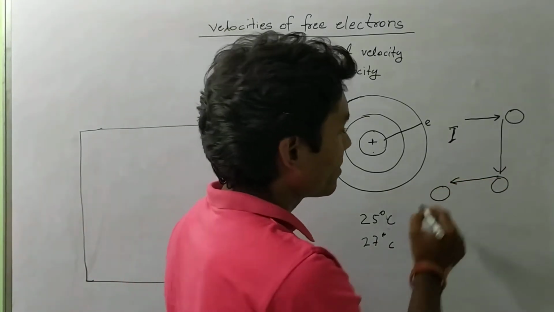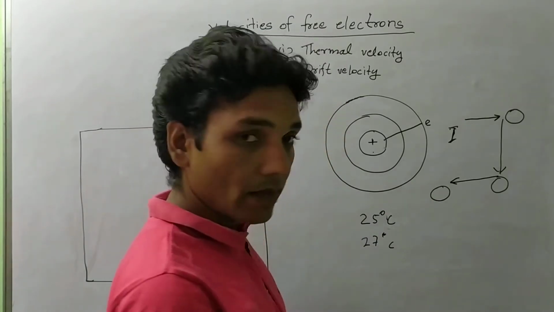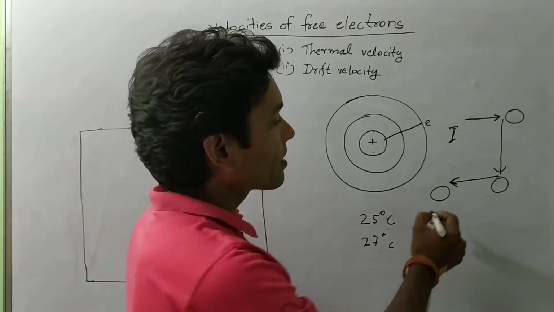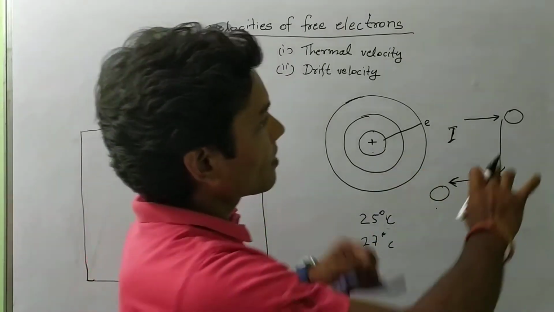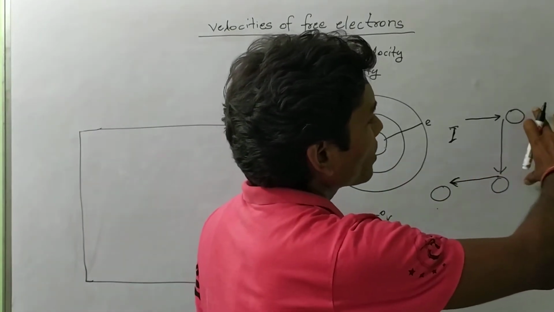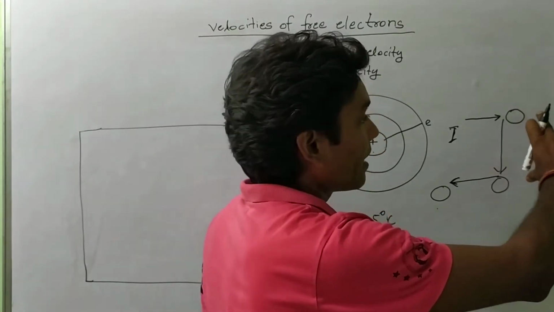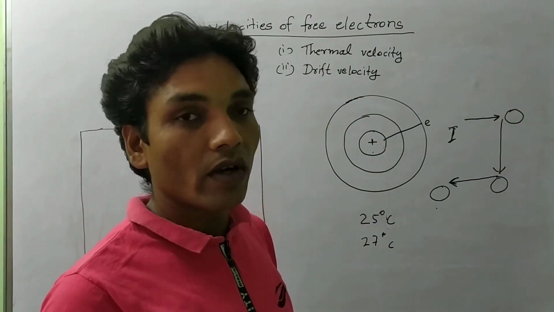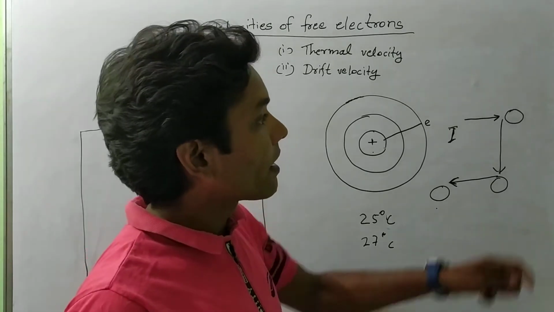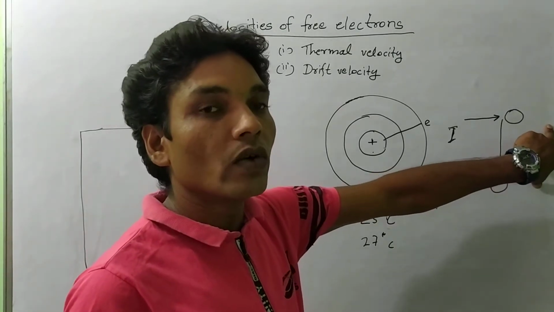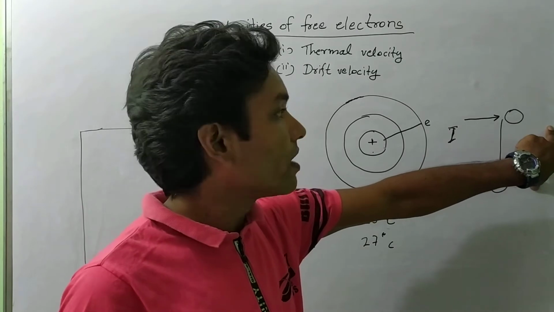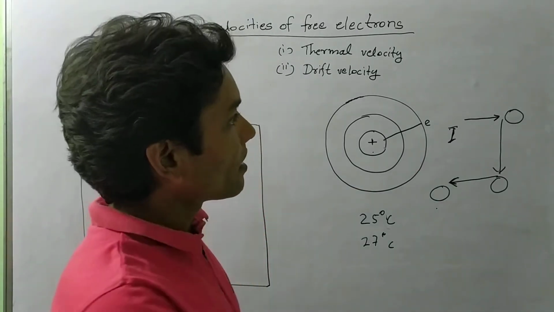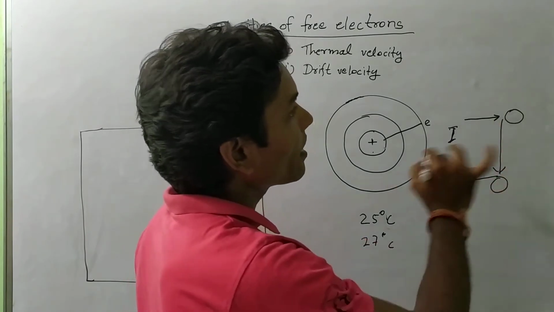Here another atom is there, so the electron will collide with this atom and change its path again. Here another atom is there, so it will collide with this atom too. This is the distance between two collisions, and the distance between two successive collisions is called the free path, and the time taken between two successive collisions is called the relaxation time. This is the motion of a free electron.